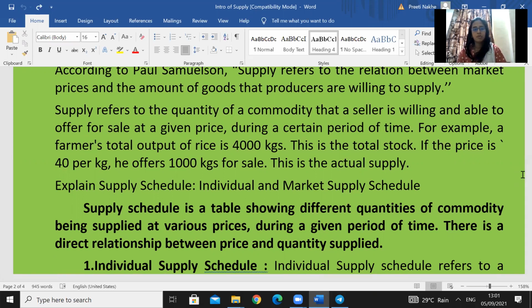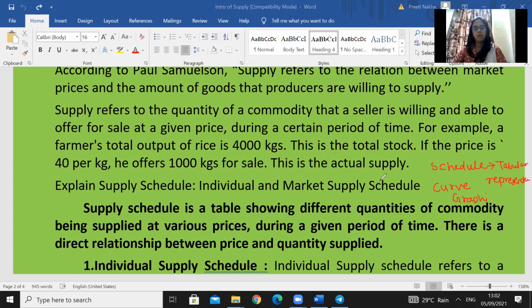Now, supply also refers to one more thing we have seen, that is schedule and curve. Supply schedule means a tabular representation of the data, that is, we express everything in table form, and a curve is a graphical representation of data.